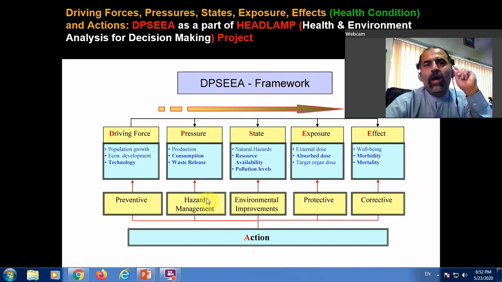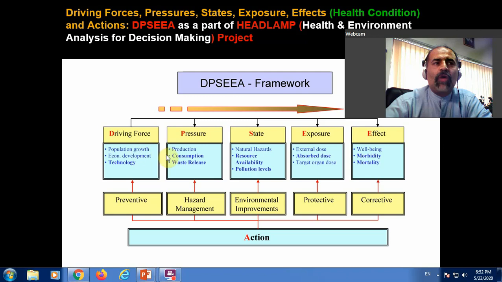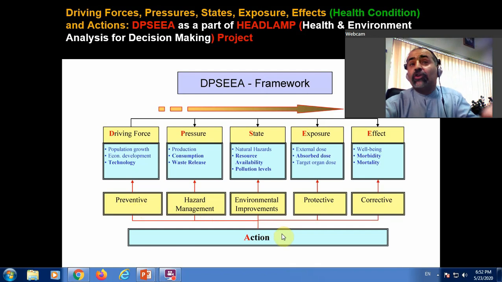So if you would like to have the right action plans, we have to know our driving force, our pressure, our state situation, and also exposure and effects as well. These different elements would help us find the proper action plan, which may be among preventative techniques, hazard management approaches, environment improvements, protective ones, and even corrective ones.